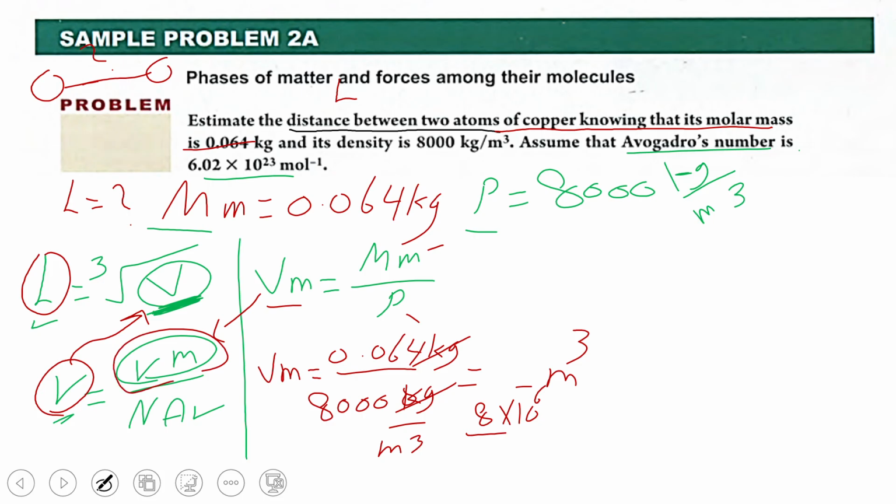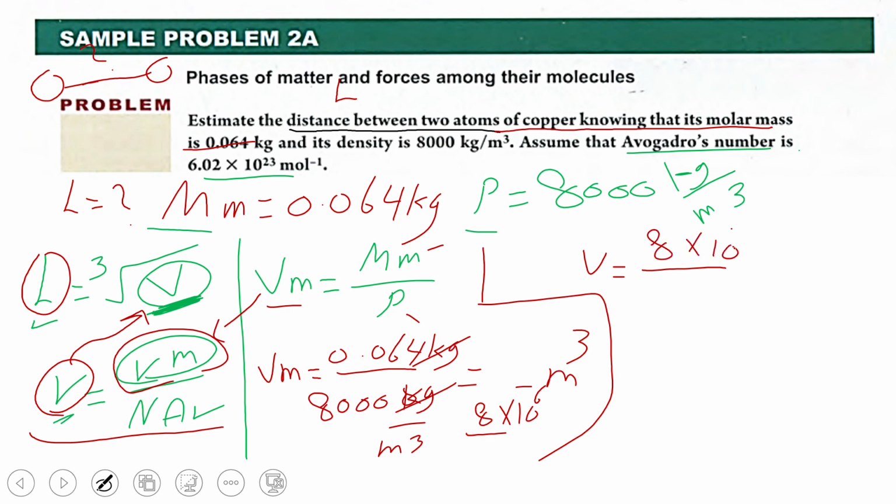Now go to find V. V equals Vm over Avogadro number. We got Vm as 8 times 10 power negative 6, and the Avogadro number is 6.02 times 10 power 23.